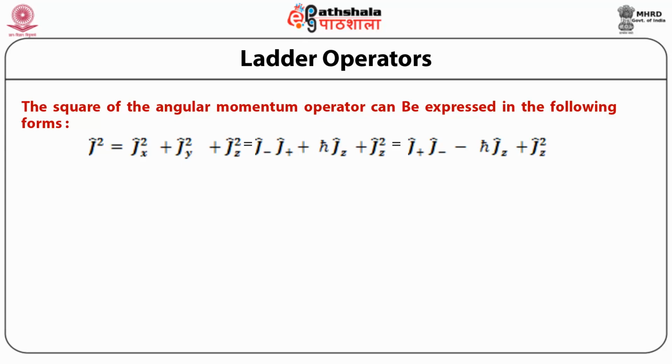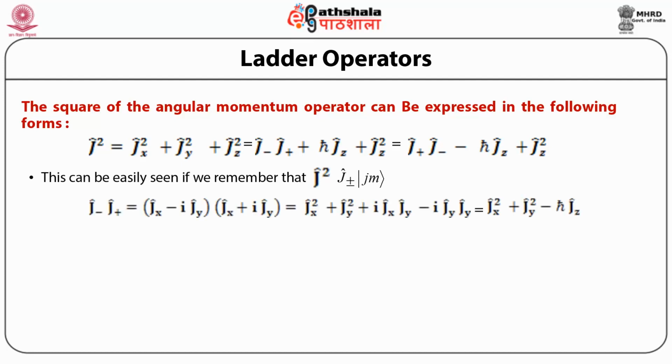This is equal to operator J- into operator J+ plus ħ times operator Jz plus operator Jz², which can be simplified to have operator J+ operator J- minus ħ operator Jz plus operator Jz². This can be easily seen if we remember that operator J- operator J+ is equal to operator Jx minus i operator Jy multiplied by operator Jx plus i times operator Jy.